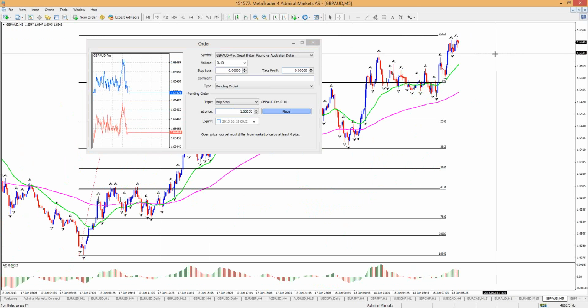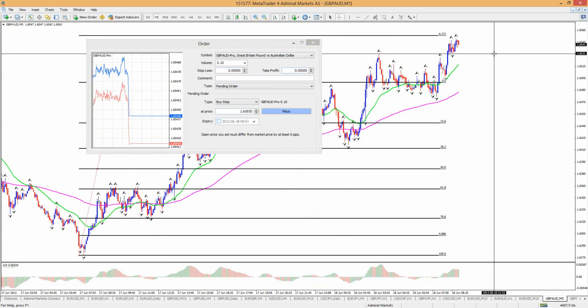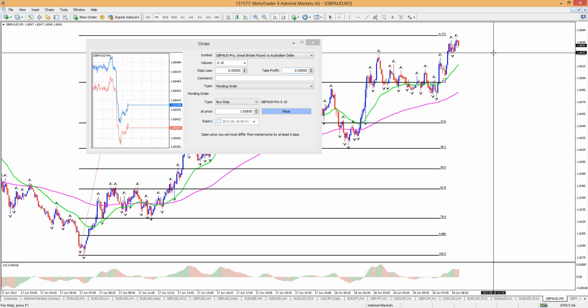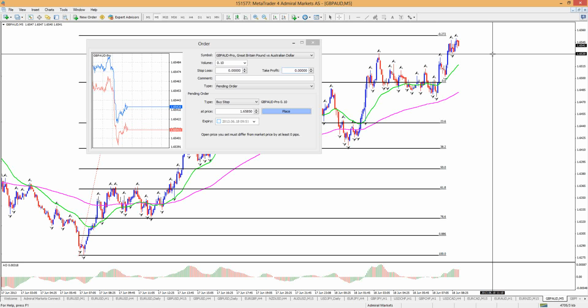Stop loss. Same story. Let's see. 165.25 probably. 25 or 27. 165.27.